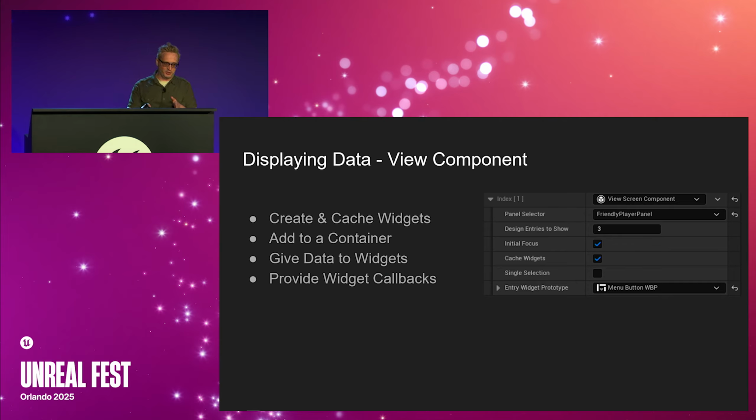The view screen component will then tell you, hey, here's the event that happened, here's the widget, here's the data. This simplifies things because instead of having, say, an array of 10 widgets that you have to add delegates to, you only have to listen to the view component.